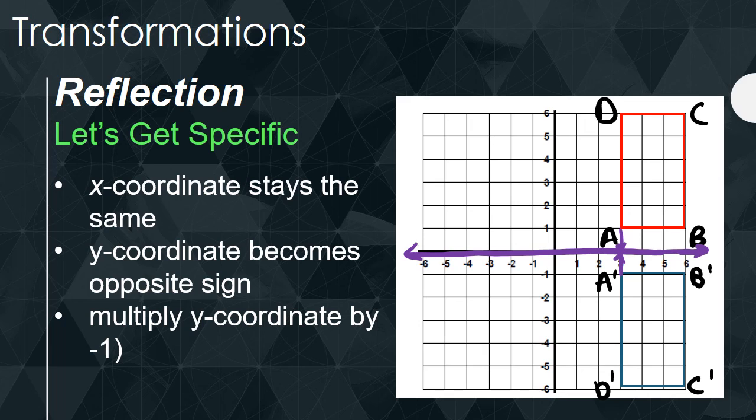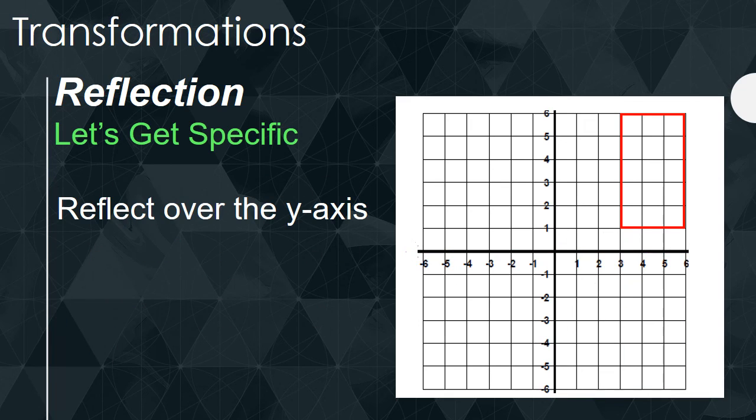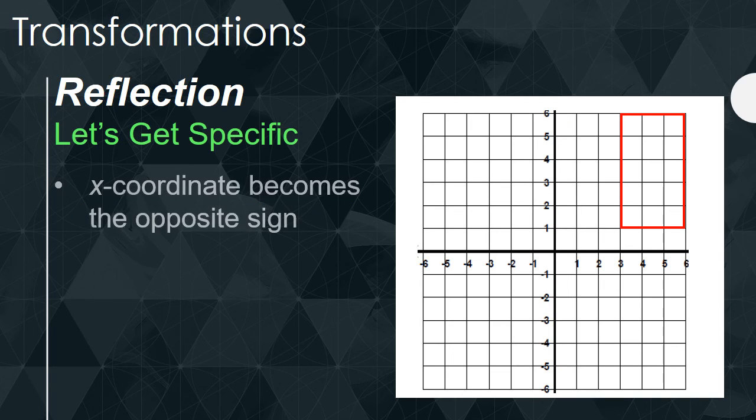So that's kind of the way we need to do the reflection. Let's talk about if we're going to reflect over the y-axis here. So we identify the y-axis. And let's go ahead and label our rectangle here, A, B, C, and D. To reflect over it, we realize that it's just the opposite of what we did for the x-axis.